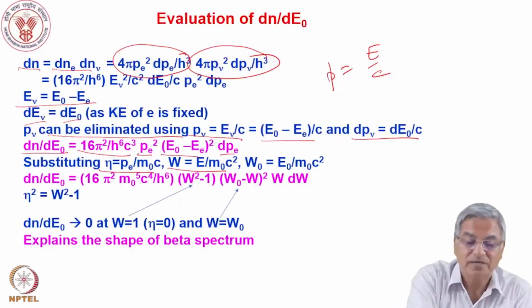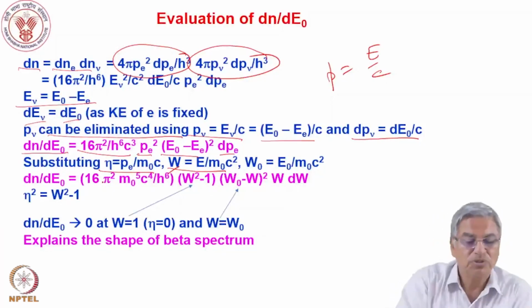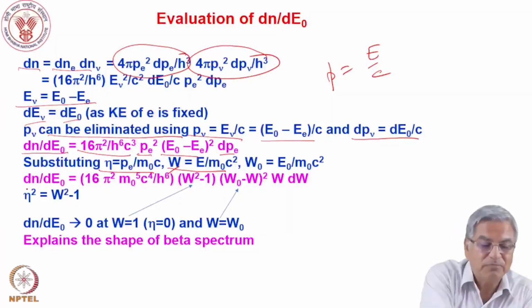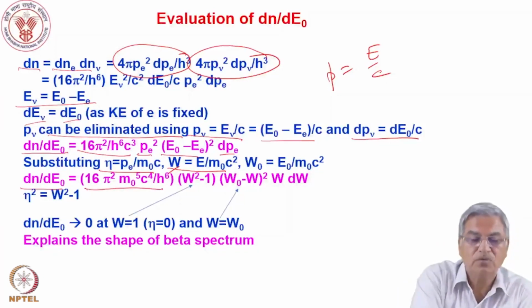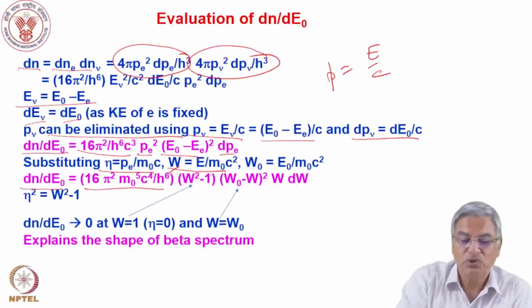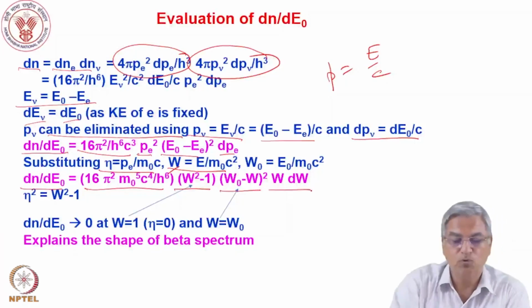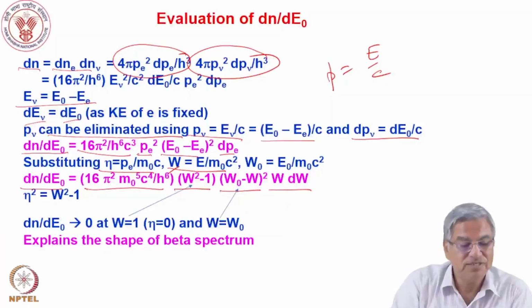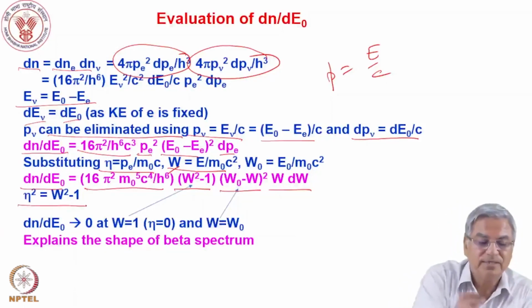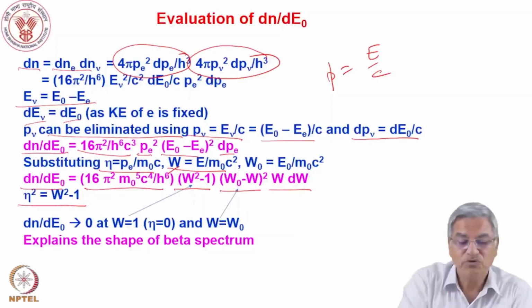So it is the relativistic energy W. These two terms, eta and W, we introduce to get this simplified version. dN by dE0 is the term corresponding to 16 pi square m0 to the fifth c to the fourth upon h to the sixth, into W square minus 1, W0 minus W square, into W dW, where W is the relative energy and eta is the relative momentum. You can also find that W square is nothing but 1 plus eta square, or eta square is W square minus 1. So finally, you can see this expression.